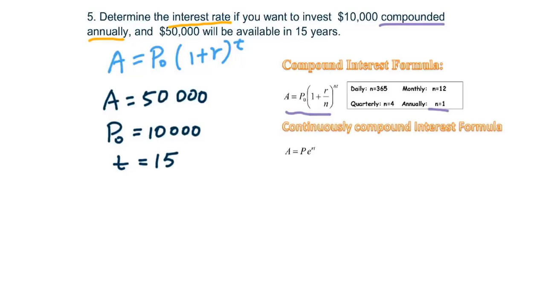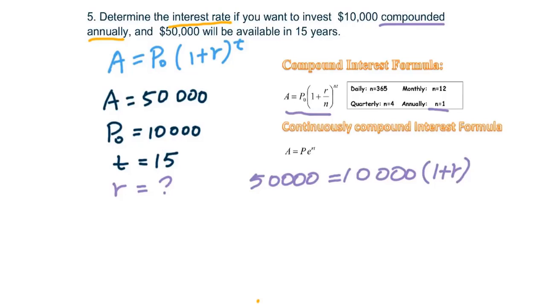Then we are looking for this R. So we plug into the formula, we got 50,000 equals 10,000 times 1 plus R to the 15th power.